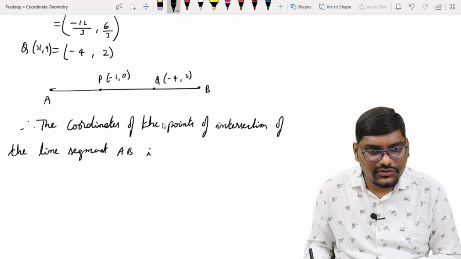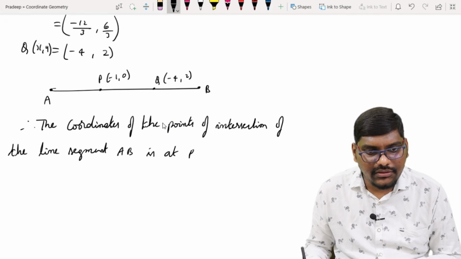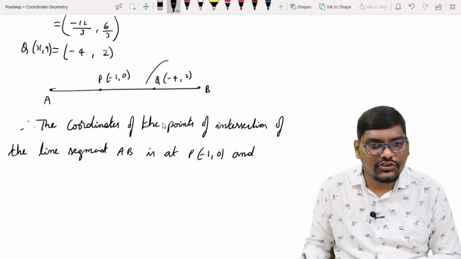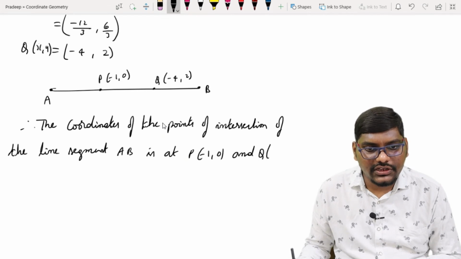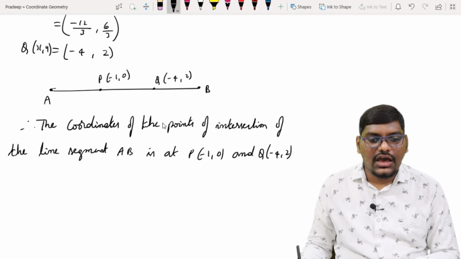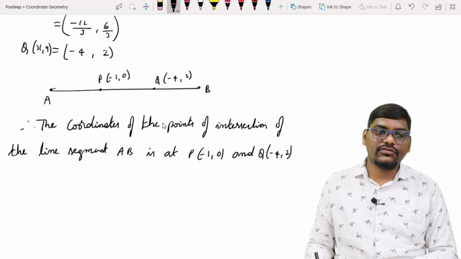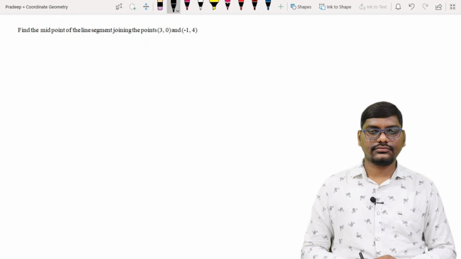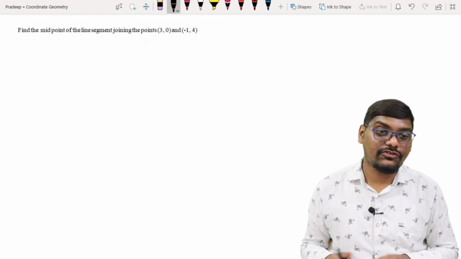AB is at P, minus 1 comma 0, and B, that is actually Q. So Q, that is minus 4 comma 2, are the two points where it was intersected in line segment AB. So let's see the next form.